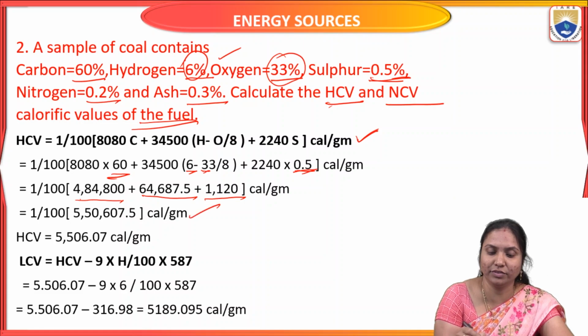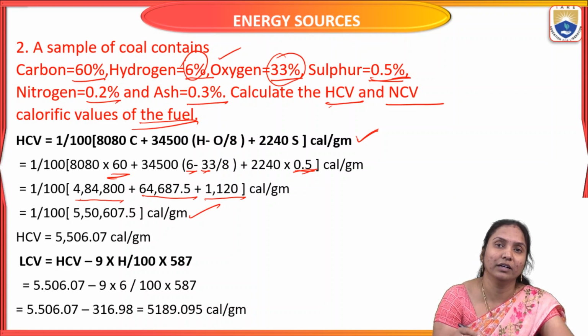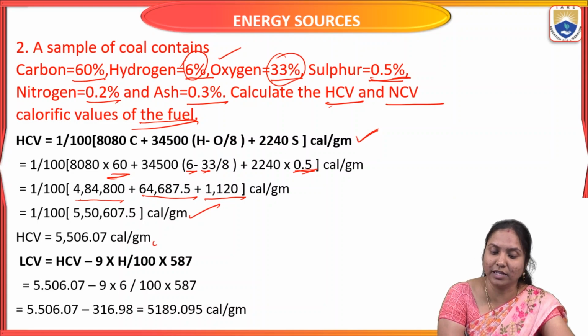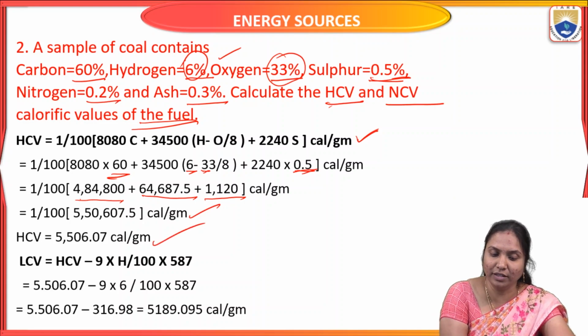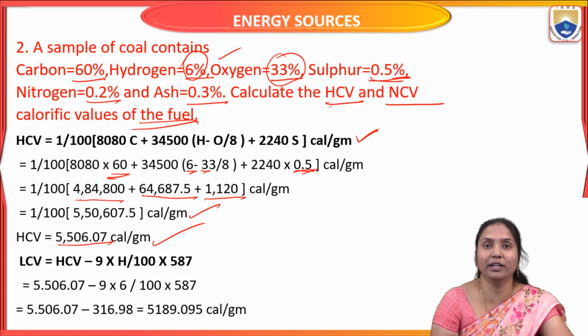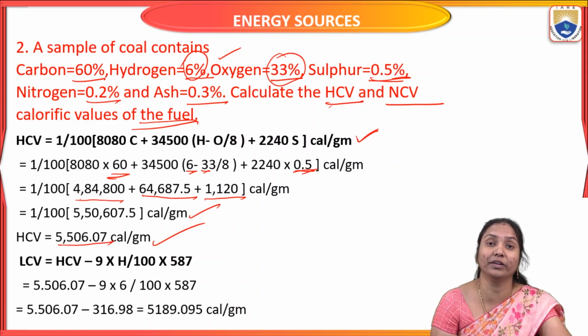Then 1 by 100 into 5,50,607.5 calorie per gram. So the final high calorific value of the fuel is 5,506.07 calorie per gram.